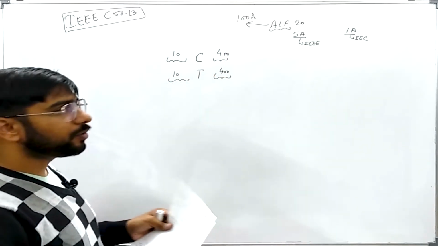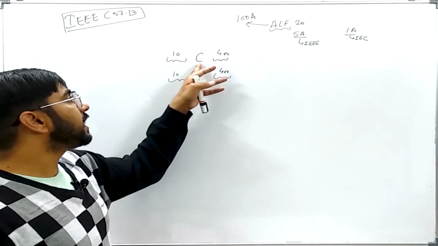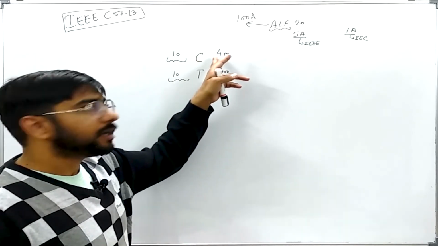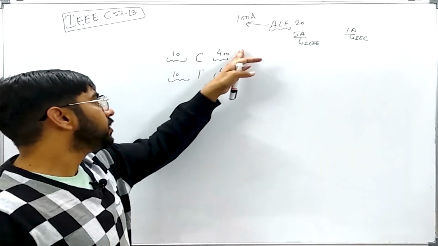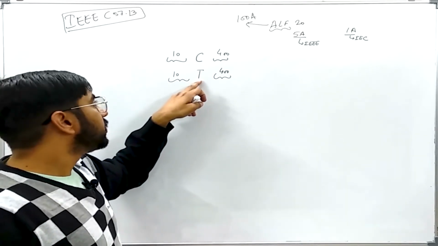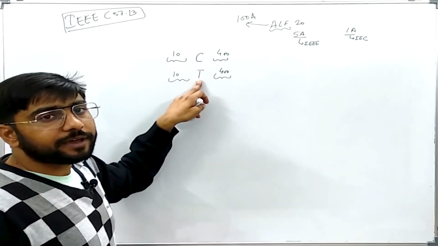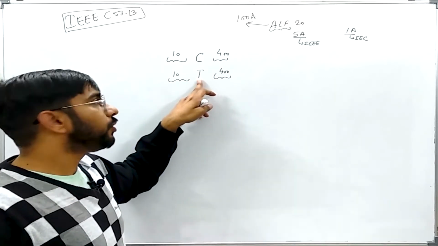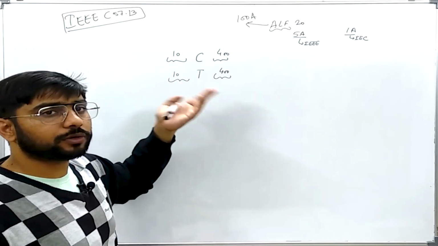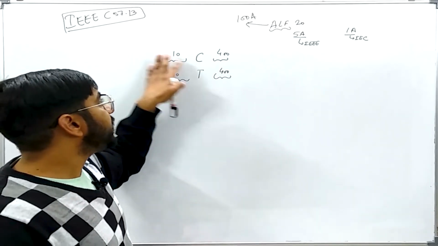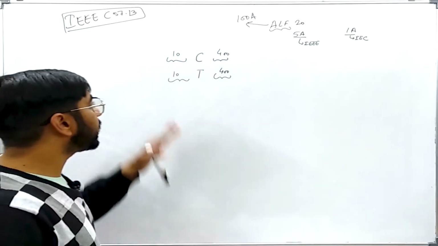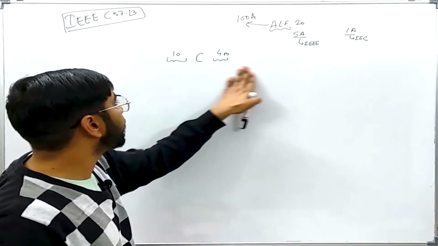So we don't need to bother about C and T. C means that the various characteristics of CTs are fixed and these are given by the manufacturer. T means that there is some uncertainty in various characteristics of the CTs. So to determine the various characteristics, we should do a test on the CT to find all those values. Usually we find C common in the market. T is not that common in the market.